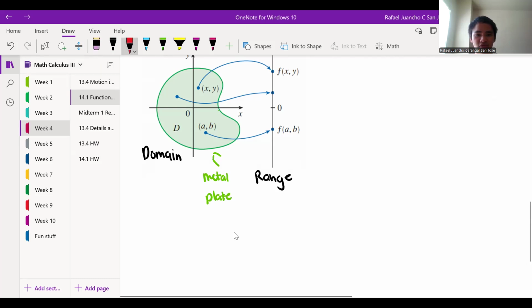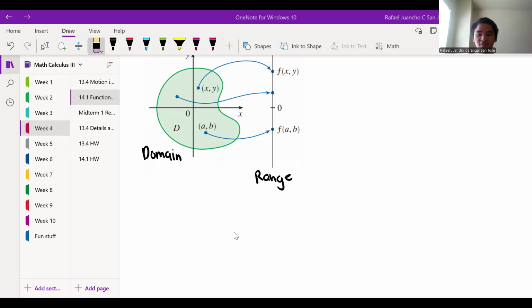At this particular point it has a temperature, and at this other point it has a different temperature. If we touch the metal plate, we can think of the z-axis as a thermometer displaying the recorded temperatures.